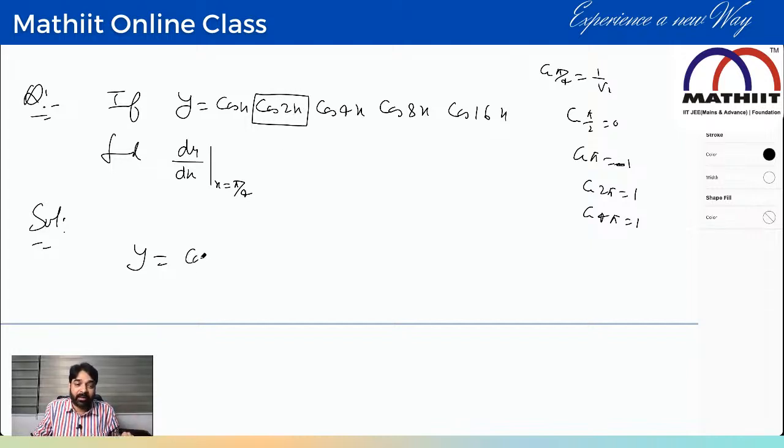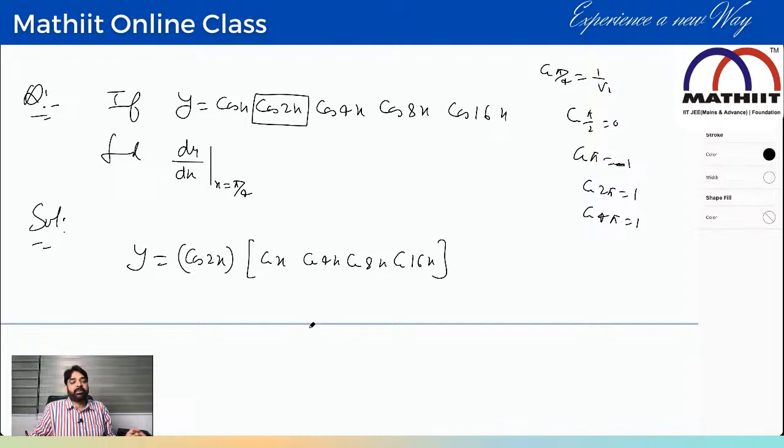So why not I write this question this way: cos 2x into cos x, cos 4x, cos 8x, cos 16x. Yes or no? I just make two functions. Look at it: dy by dx will be equal to differentiation of this. What is the differentiation of cos?